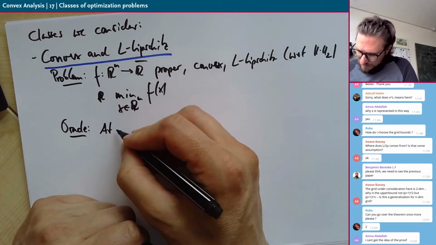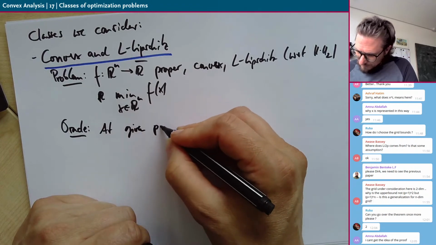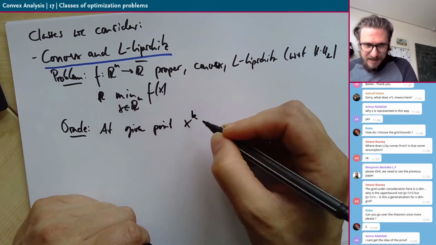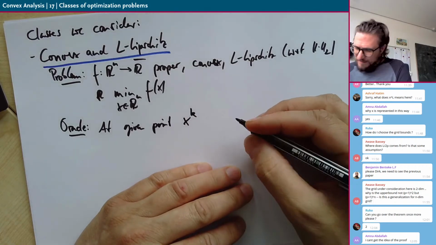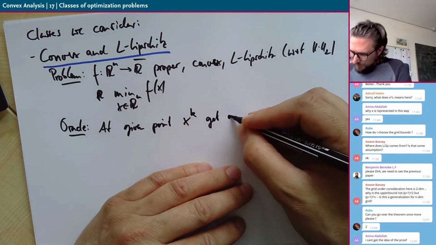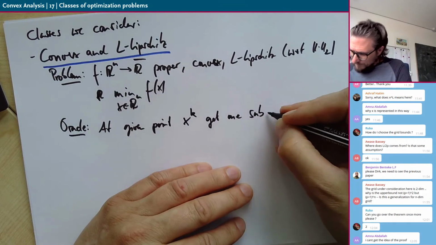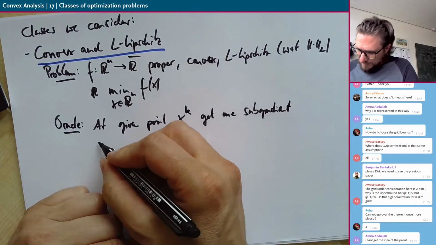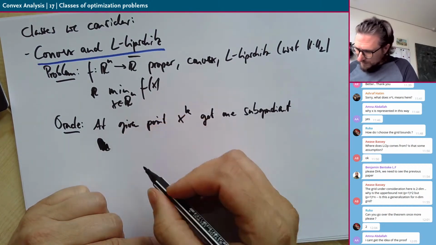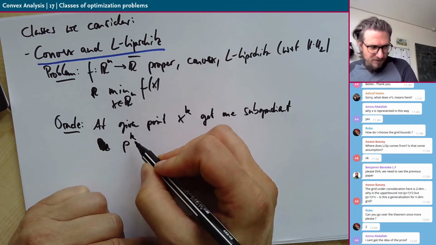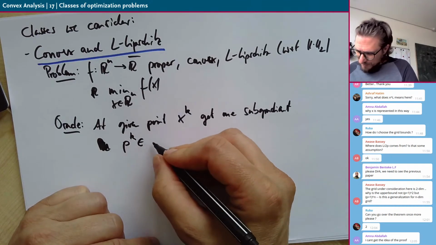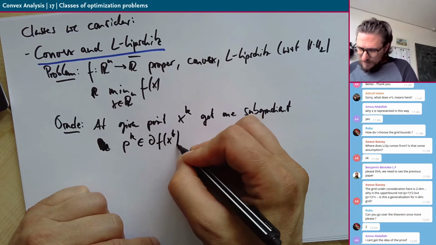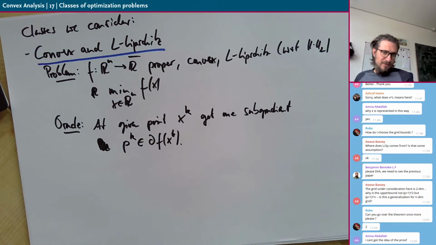At a given point xk, we get one subgradient pk, sorry, I also use upper indices for vectors. pk being a subgradient of f at xk. So we don't even get to know the full subdifferential, but only one of them. So our algorithm just gives us one and we can't choose.